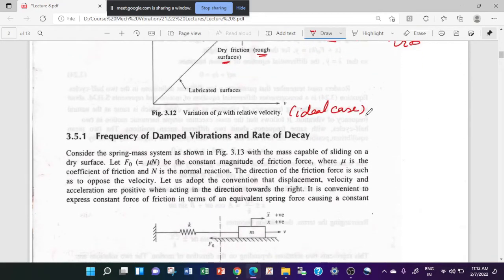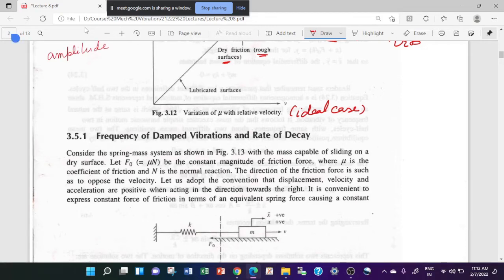So now in this article, our main aim is to find the amplitude decay per cycle and at the same time to find the damped frequency.